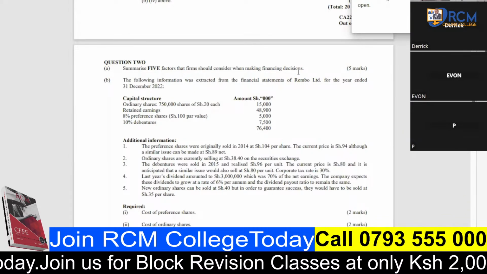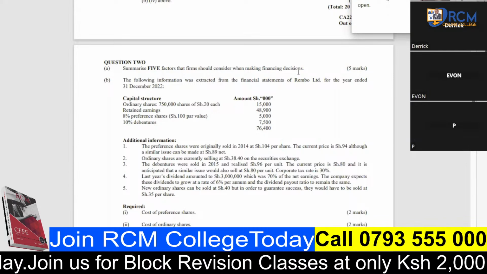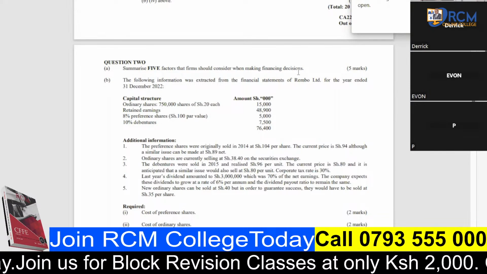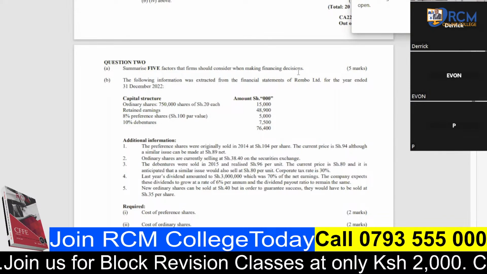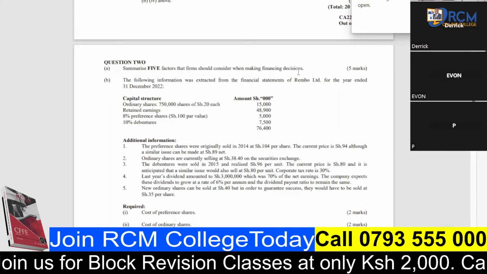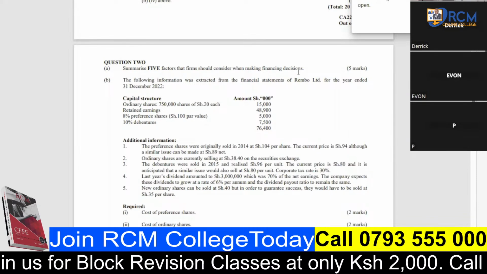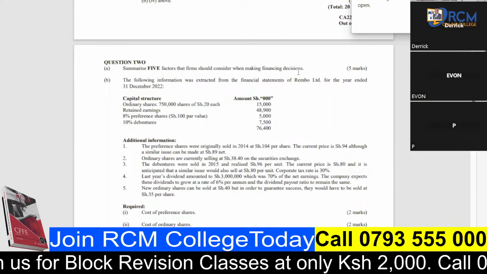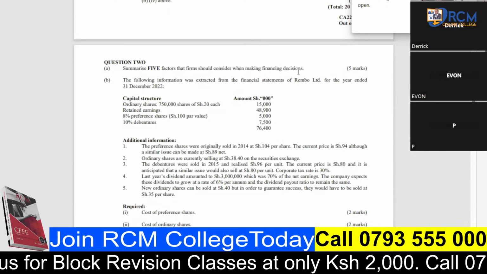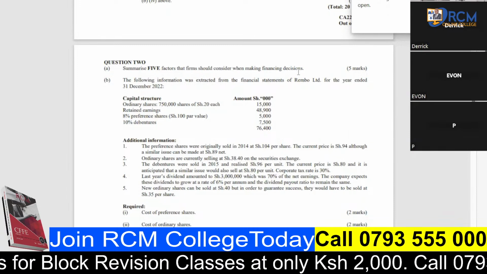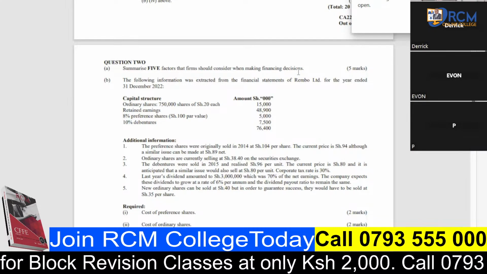Remember, this is being marked in stages. For example, the examiner wants you to compute the cost of preference share, which is allocated 2 marks. That is just a component cost you are computing, and by computing that, you'll be solving the major question that the examiner wants.